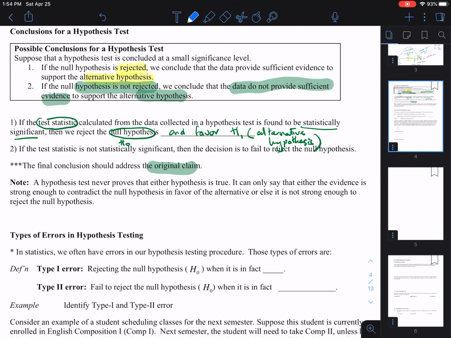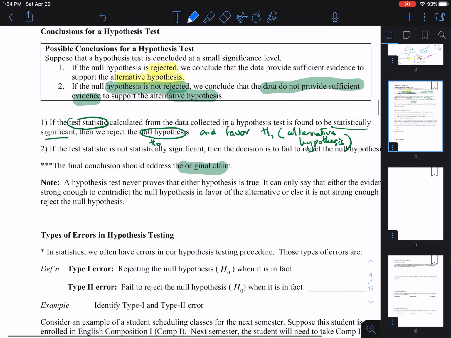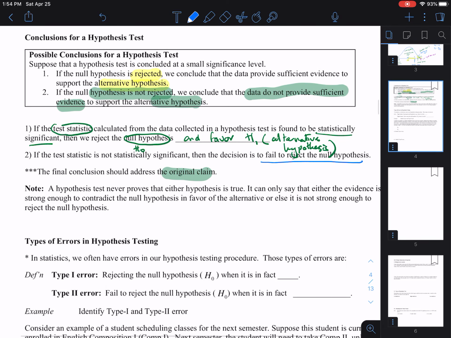Second possible conclusion for a hypothesis test: if our test statistic is not statistically significant, or is not outside our cutoff values, then we don't have enough evidence. We're gonna say we don't have sufficient evidence to reject the null hypothesis. So the decision is to fail to reject the null hypothesis.